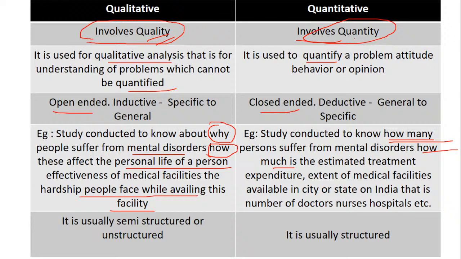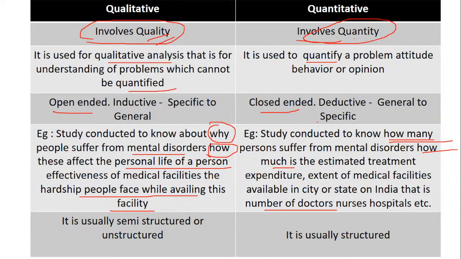At the same time, they are talking about the number of doctors and nurses available for these medical facilities, that is, in order to make people free of the disorder, what ratio of doctors and nurses is available. So in quantitative, every answer is found in the form of numbers or numerical aspects, whereas qualitative puts more emphasis on characteristics.